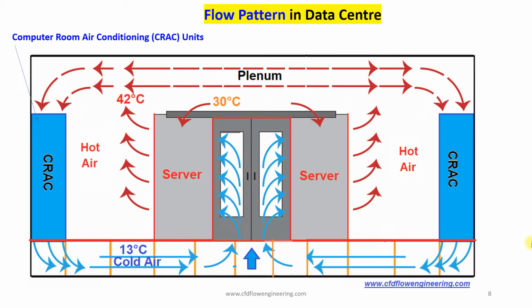Here I have presented the flow pattern in a data center. We will understand how cold air absorbs heat, how it gets heated, then passes through the CRC unit, then again passes through the lower floor. The temperature of cold air for a data center is between 10 to 20 degrees Celsius.